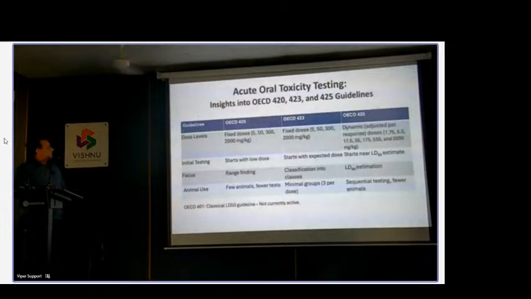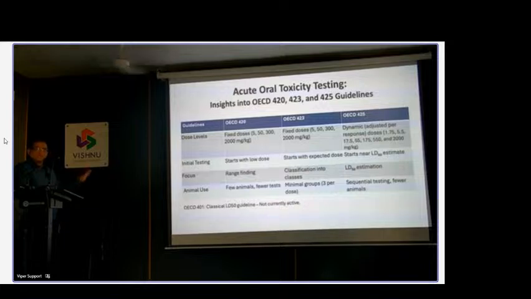So this is a comparison table. The dose levels are fixed for 420 and 423. This one is more dynamic, although there are reference doses you can start with. The initial testing is with a low dose, and if you have some data available, you can start with the middle dose also.